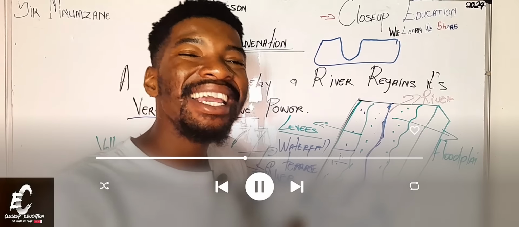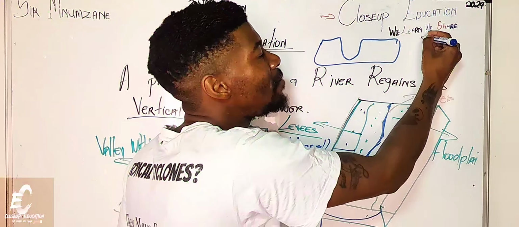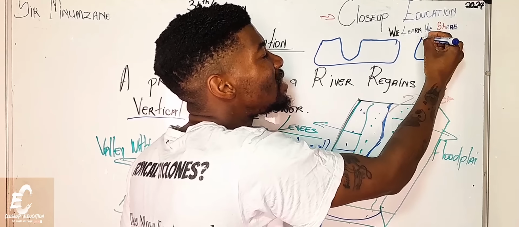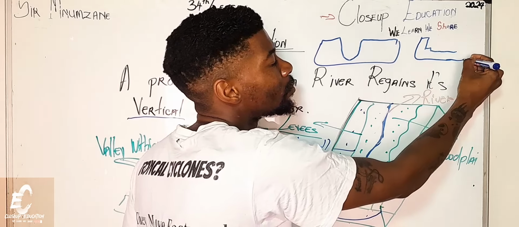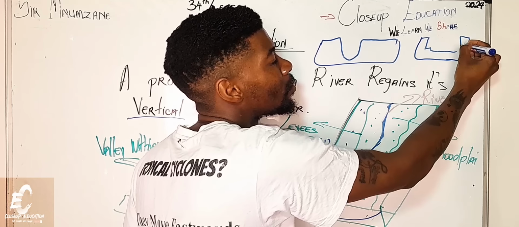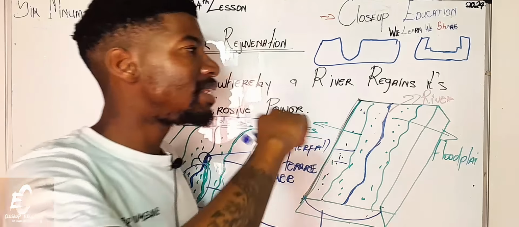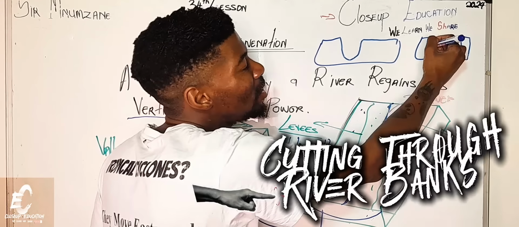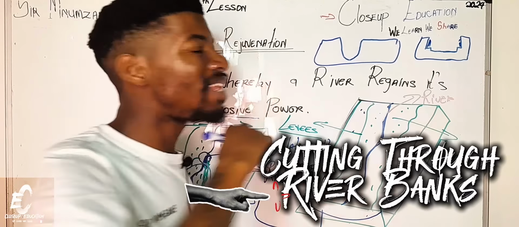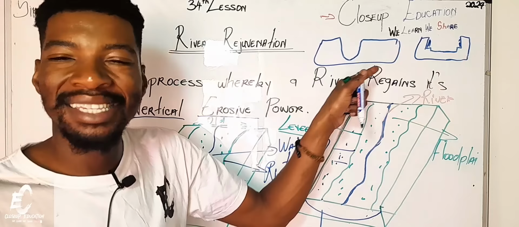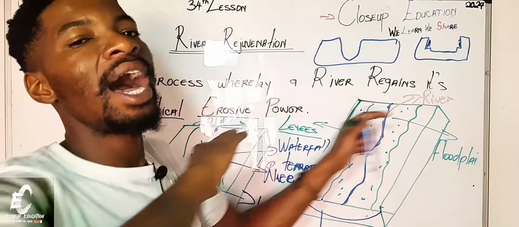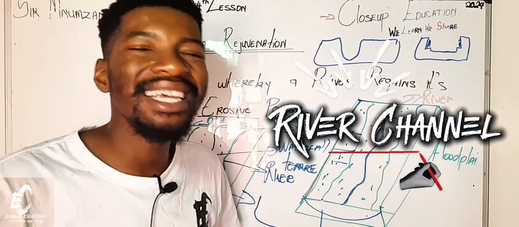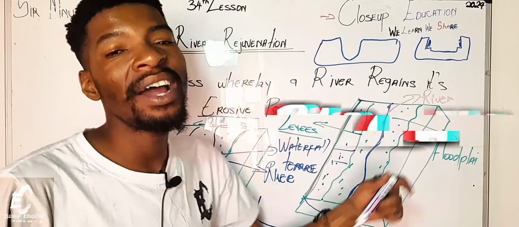But then an ingrown definitely means that it is eroding the sides here. It is chewing the sides. It is ingrown, right? It is meandering and even out of the river. It is ingrown, caused by river rejuvenation.